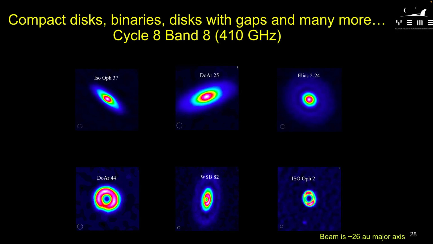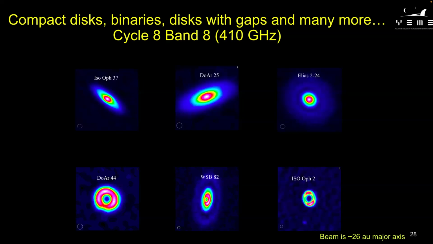And the center is not always bright. This part is the brightest, and I should have put in a color scheme, but the green is less, and the blue is the least bright, so it's a rainbow scheme.